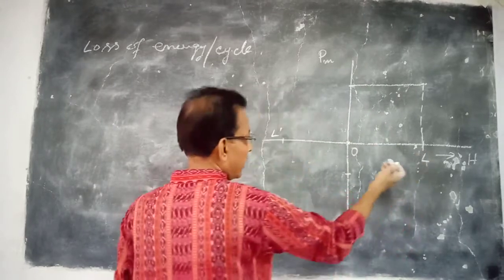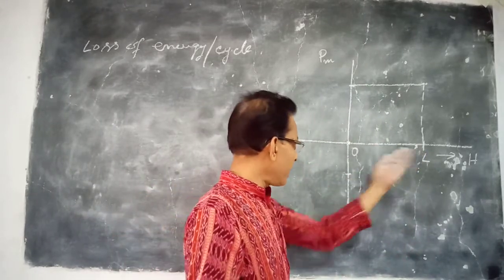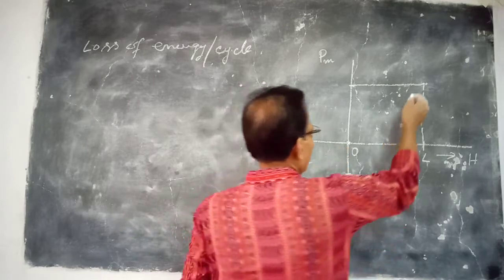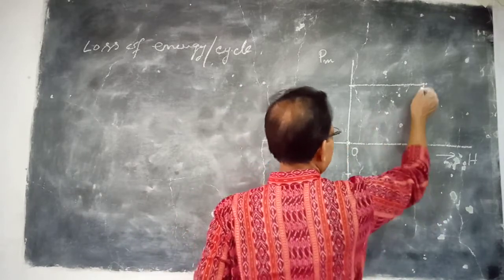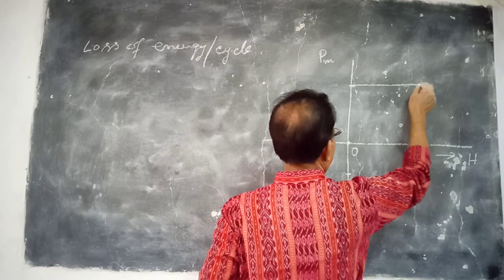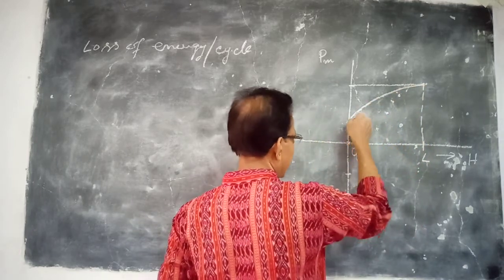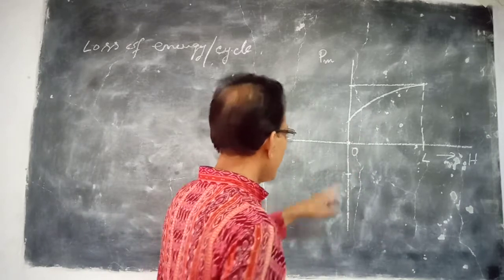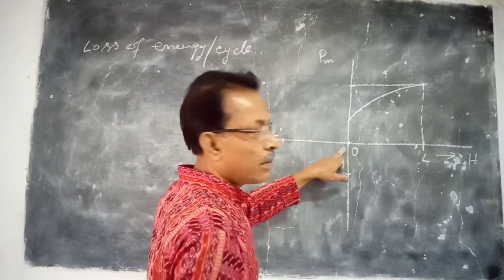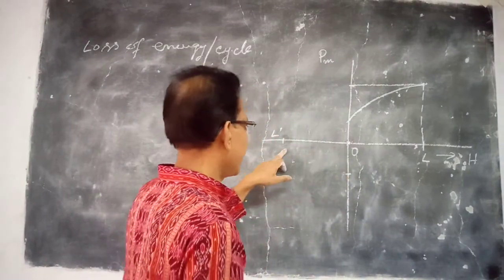Now again when the external field is reduced to zero, it will not follow the initial path. It will follow this path that comes here. Certain residual magnetization it retains. After that, the external magnetic field is increasing in the opposite direction.